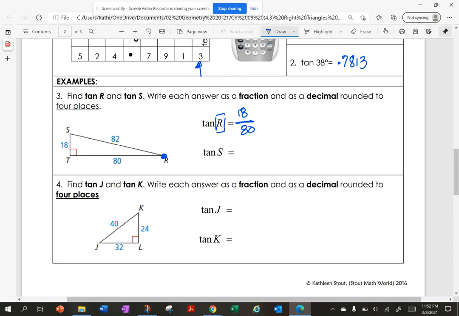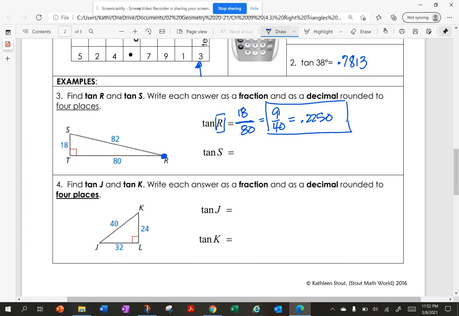So if I simplify my fraction, this is going to be 9/40, or to 4 decimal places, this is going to be 0.2250. So I can represent my tangent ratio as a fraction or as a decimal.